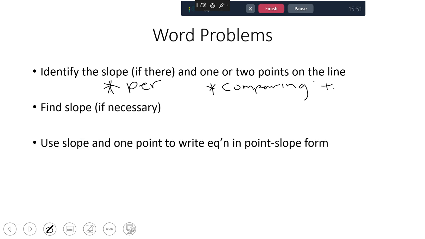Okay. 2, 6. It's a ratio. Okay. Use the slope and a point to write the equation in point slope form.